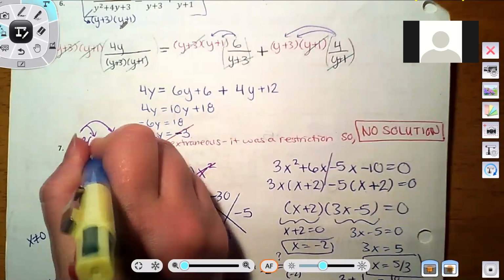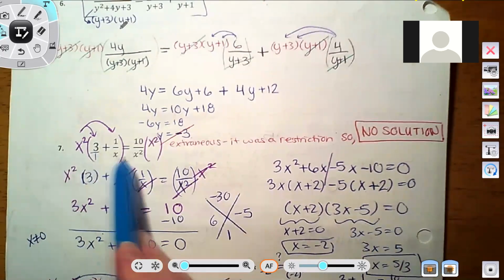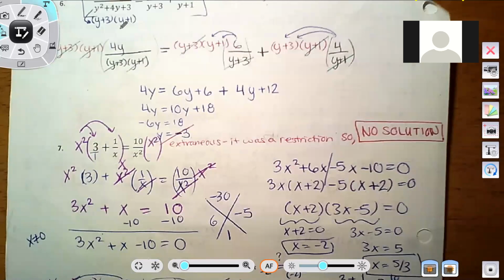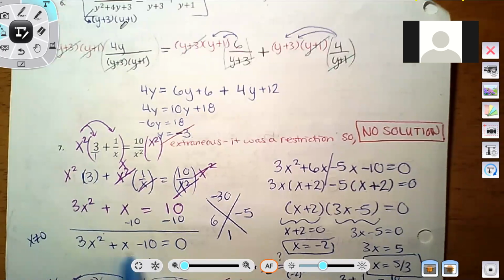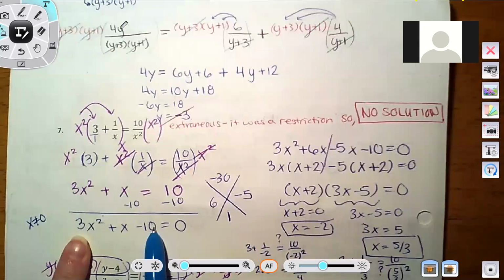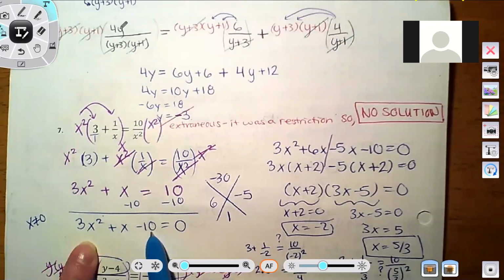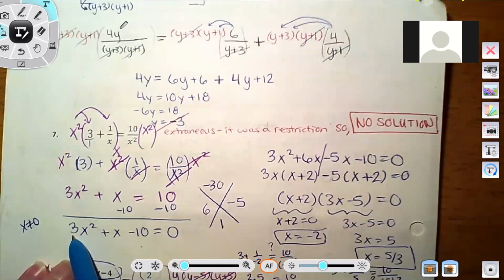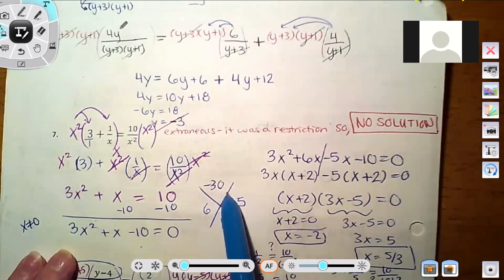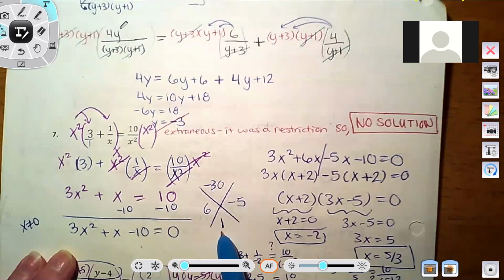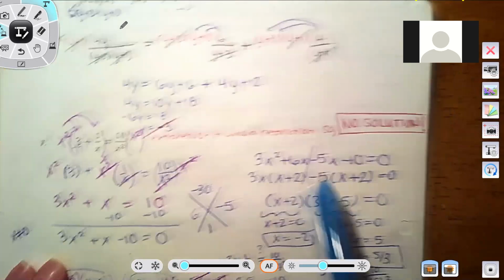Your lowest common denominator here, x and x squared, will be x squared. Do it to each term. Then you have a trinomial, so factor it to solve this one. It isn't linear like the last one, so you'll have to solve it by factoring. That's how we do trinomials. This had an a that was not 1, so we're going to do a times c, and then put your b, figure out what works.